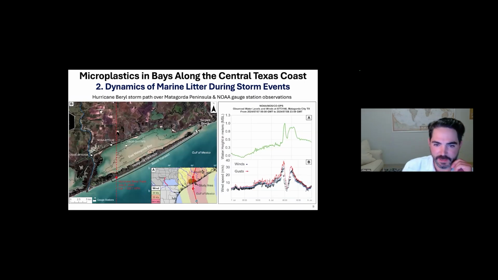So this is some of the data that we collected. Our storm path came across the study area in East Matagorda Bay, impacting the Matagorda Peninsula as a Category 1. Here on the right, I have just some textbook examples of the landfall of a hurricane, the buildup of the storm surge, and the passing of the eye of the storm with the wind. And we collected data over this 30-kilometer beach transect.